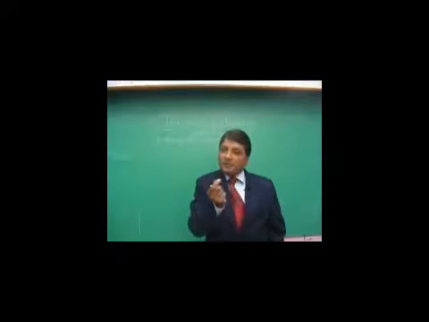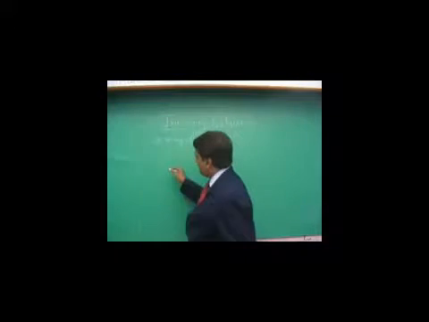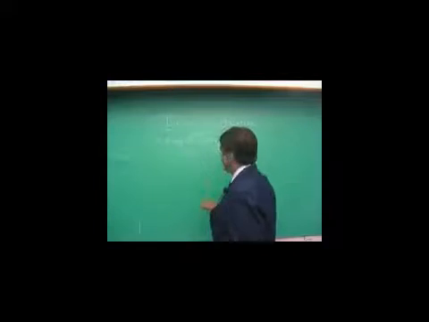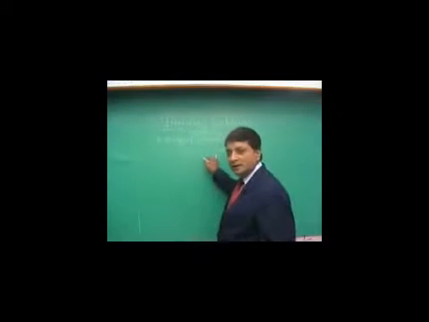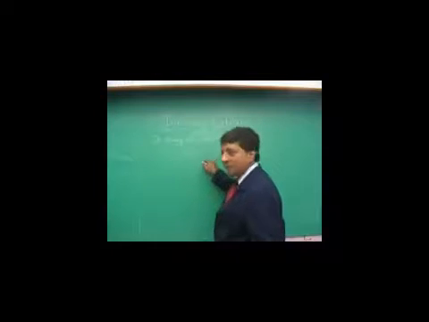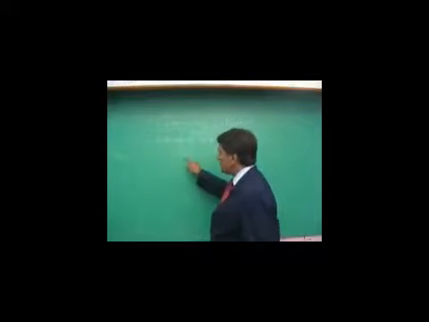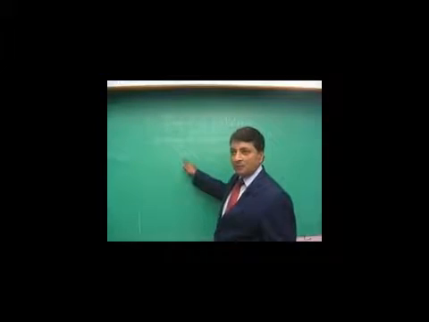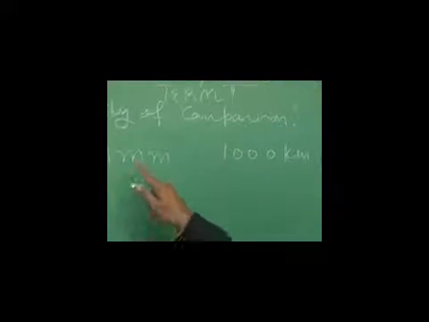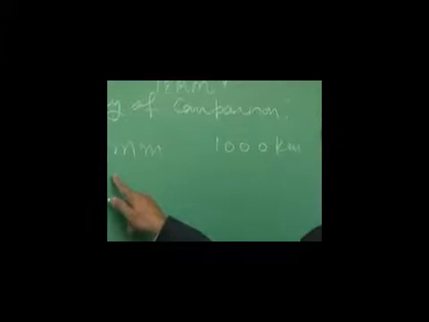Suppose we say 1 millimeter. For 1 millimeter, 1,000 kilometer is a very large magnitude of distance. We say 1,000 kilometer is infinity in comparison with 1 millimeter. However, 1 millimeter is not negligible.